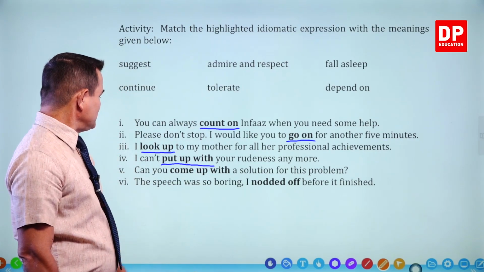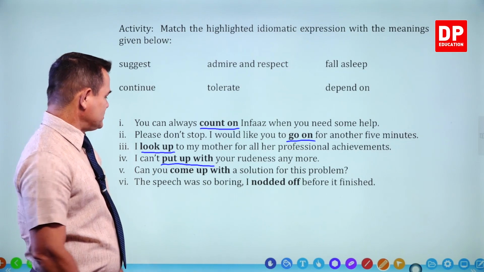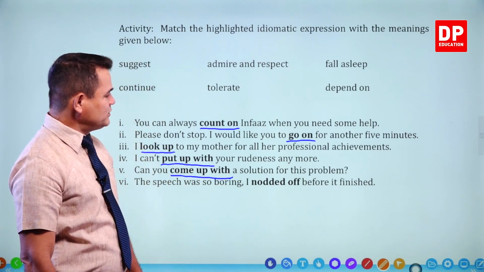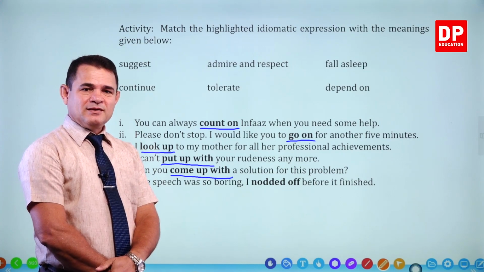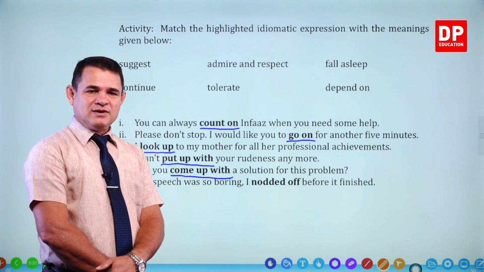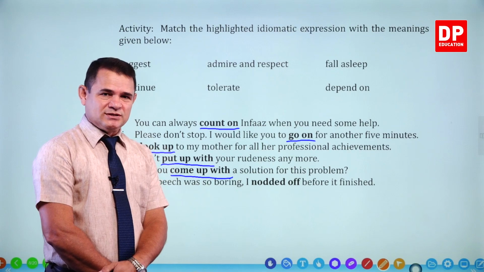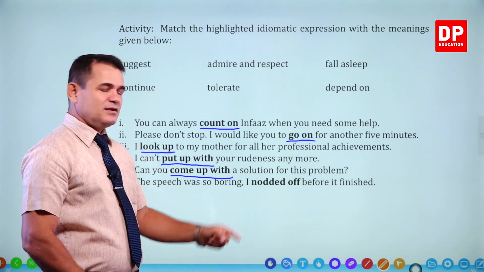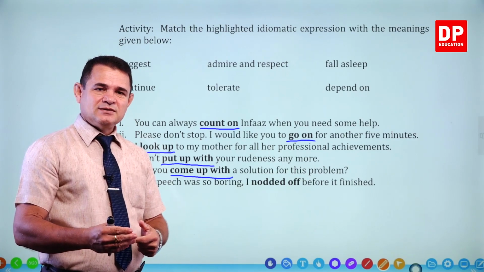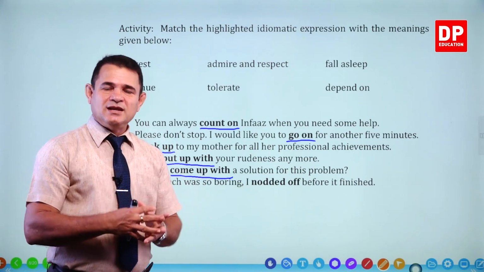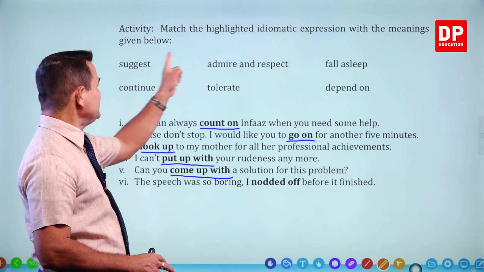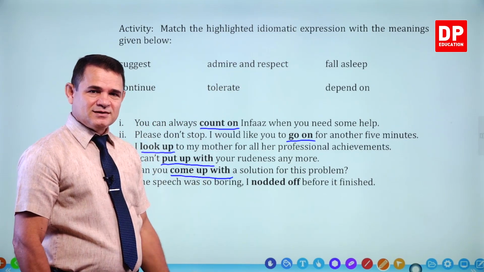And the next one: can you come up with a solution for this problem? Can you give a solution to this problem? What does "come up with" mean here?